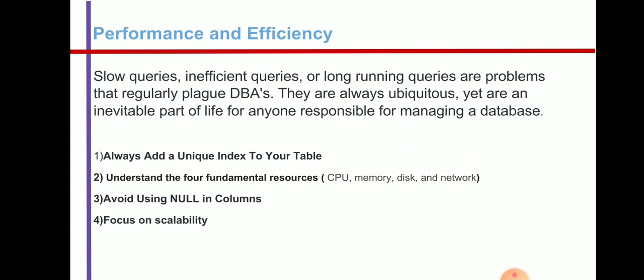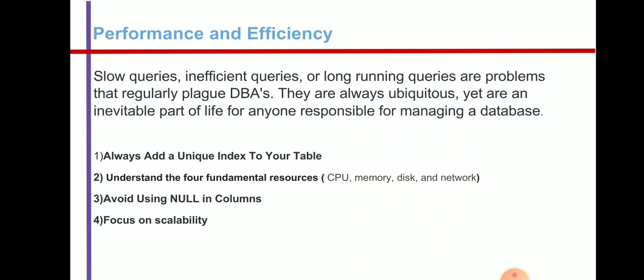Secondly, understand the four fundamental resources, which are CPU, memory, disk, and network. Now most companies prefer servers with high CPU because they have more data and need more computational power to process it, so they prefer a fast CPU.